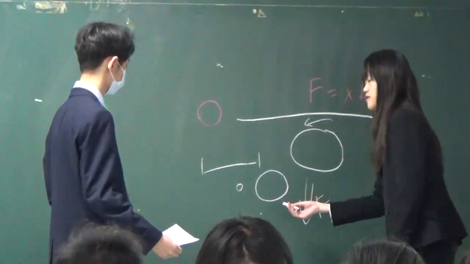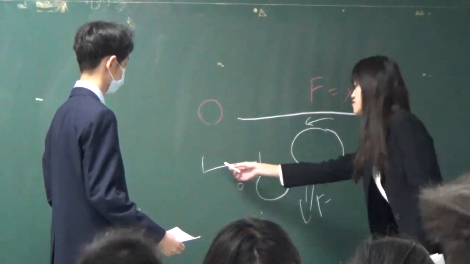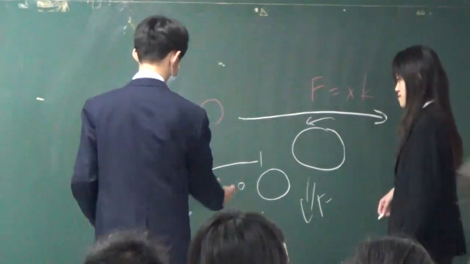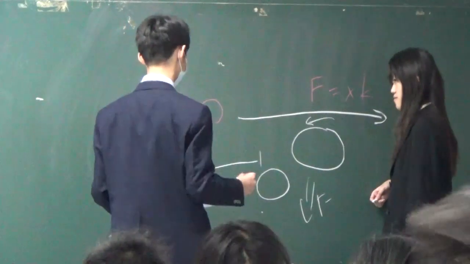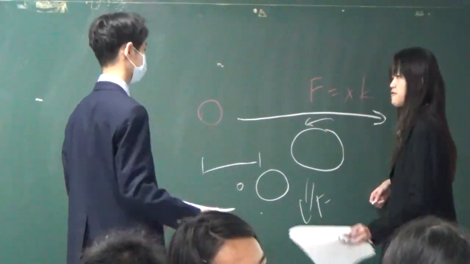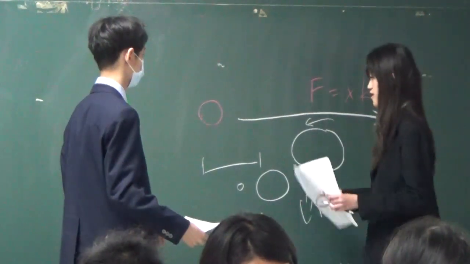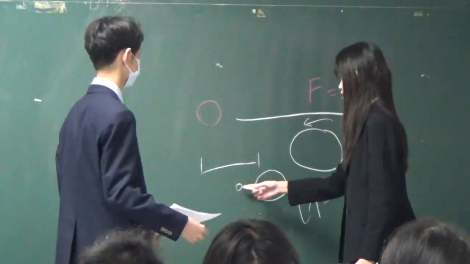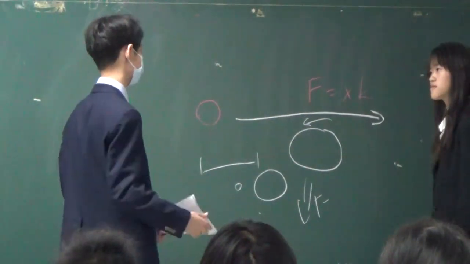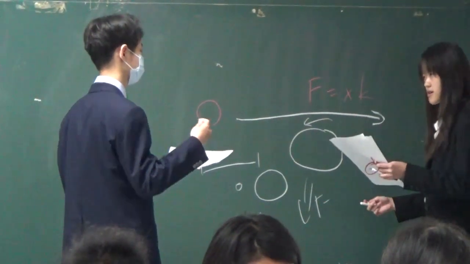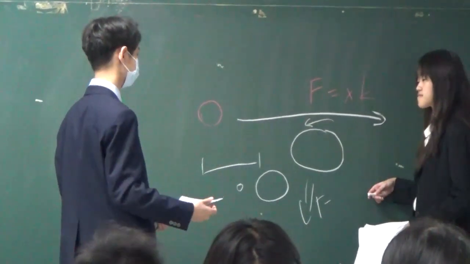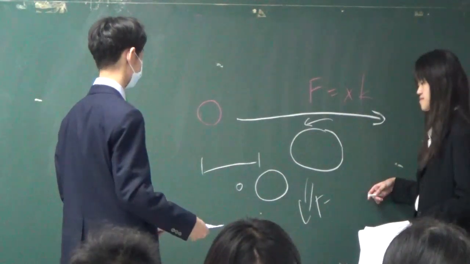So what do you expect will happen if we stretch it this long? I mean, the rubber band is smaller. You need a larger force to stretch it, so it could fly longer, if you don't go over the limit. So what will happen if we use a different radius? Yes, the smaller rubber band could fly longer. But the question asked about the uniformity, not about the size of the rubber band.